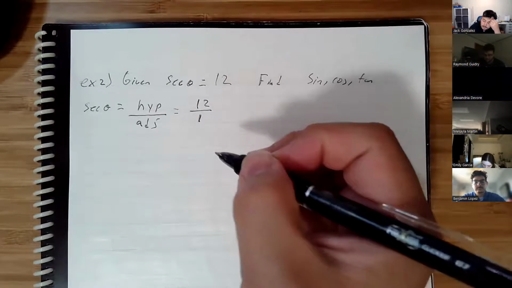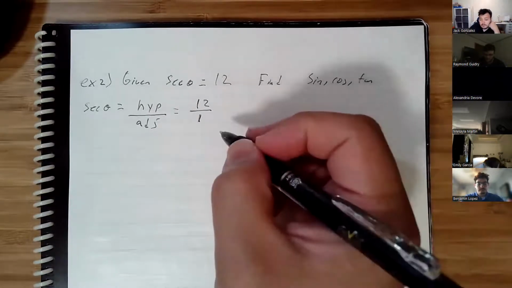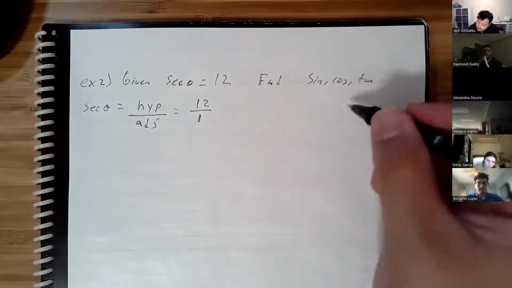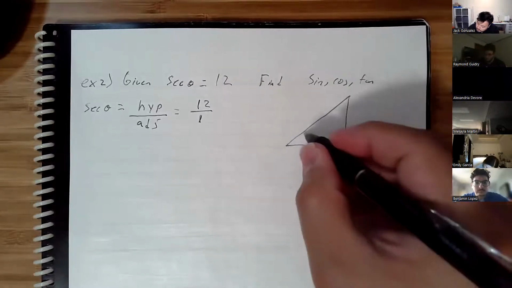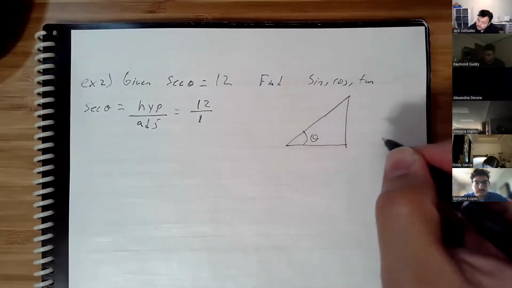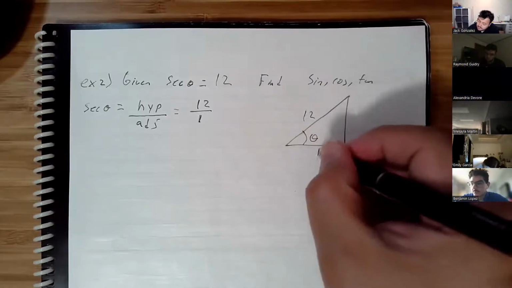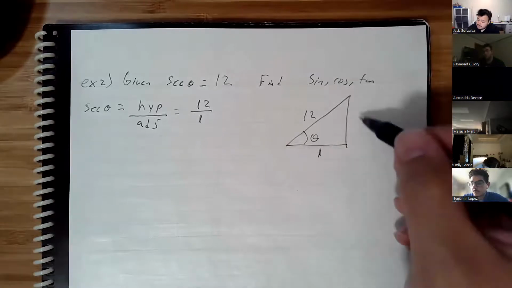Or that number over 1. Because it's still 12 if you divide by 1. So this is my ratio. So basically you force a ratio and build your triangle. So hypotenuse right there. Adjacent, well, that depends on where I put the angle. So 1. You need to solve for this side here.